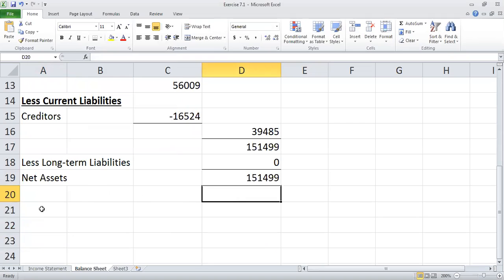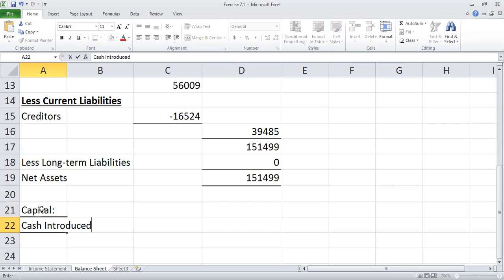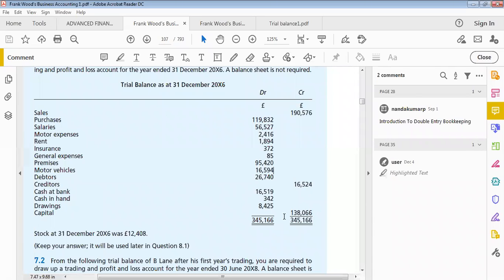All right. Now we're going to look at capital. I'm going to call it financed by, but capital for now. And they have cash introduced. The cash introduced would have been a capital of 138,066.